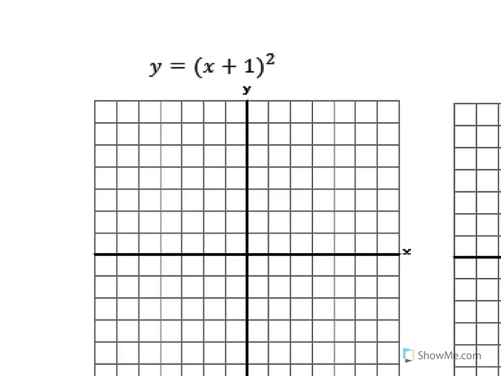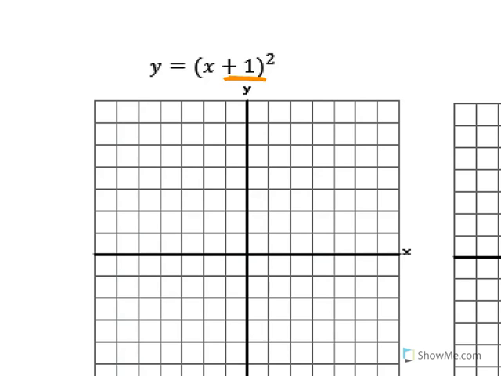Okay, the parent function would just be a normal parabola just like number 1. But now we've got this plus 1. Which way do we move? Say it out loud.